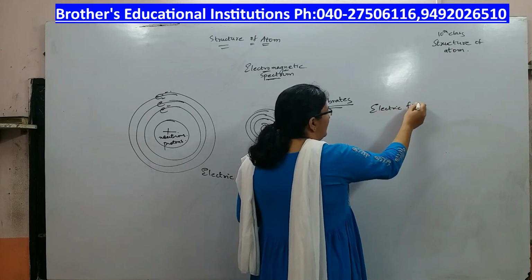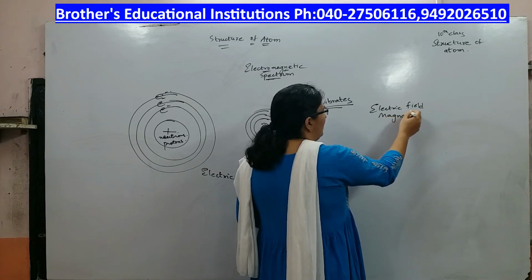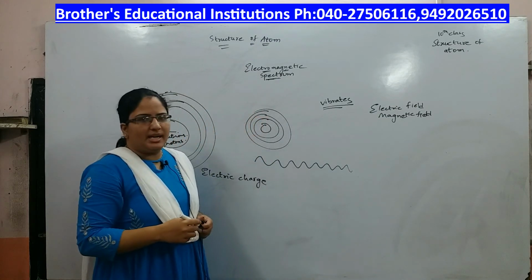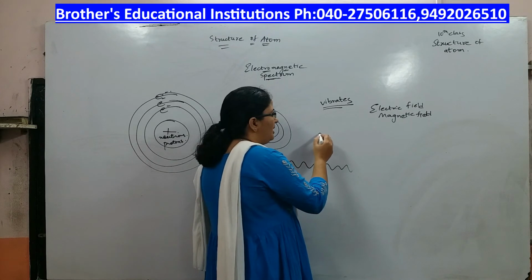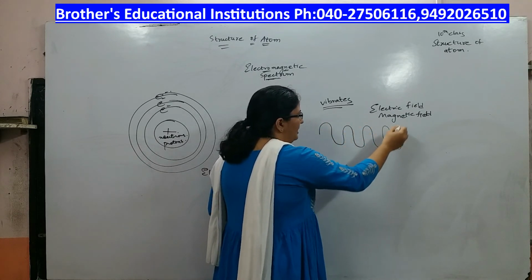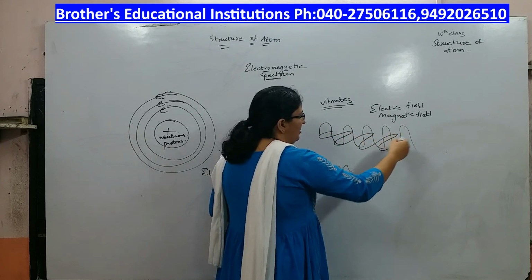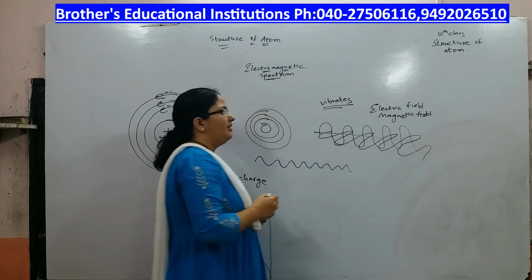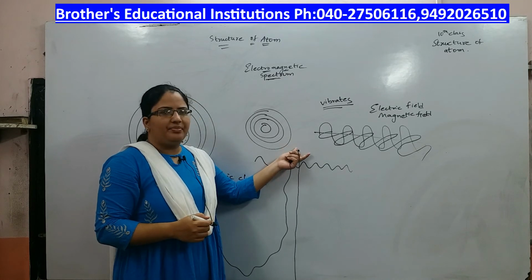This change in the electric field will also create a magnetic field. Both are created in such a way that they are perpendicular to each other. Suppose this is the electric wave, then you have the magnetic wave perpendicular to the propagation of the electric wave. So this is how an electromagnetic wave appears.